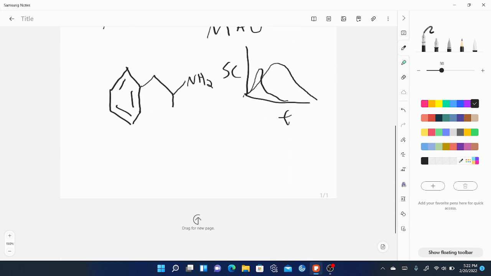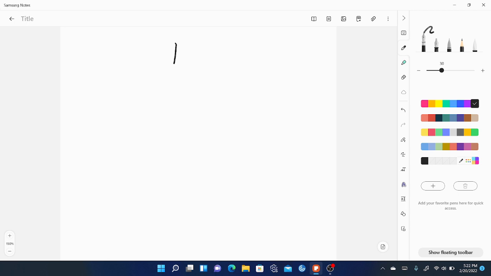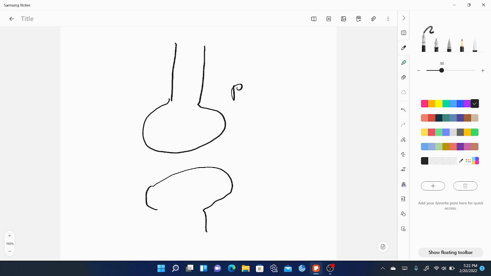So in the brain, you have the presynaptic neuron and the postsynaptic neuron, and then you have the synaptic gap.